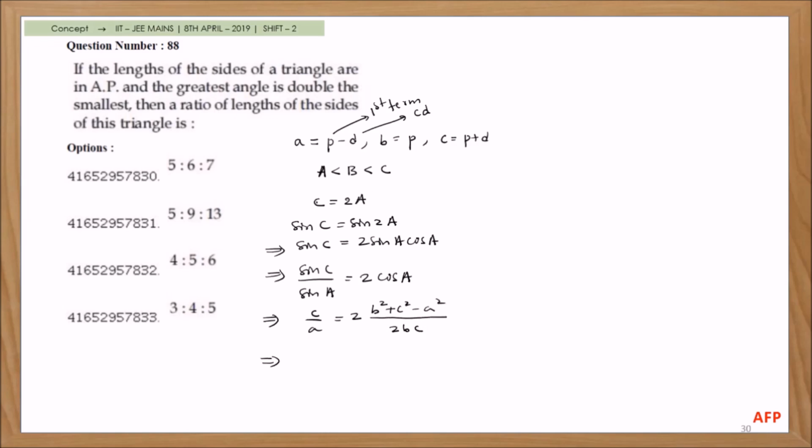So let's substitute the values we have taken initially, c is p plus d and a is p minus d.